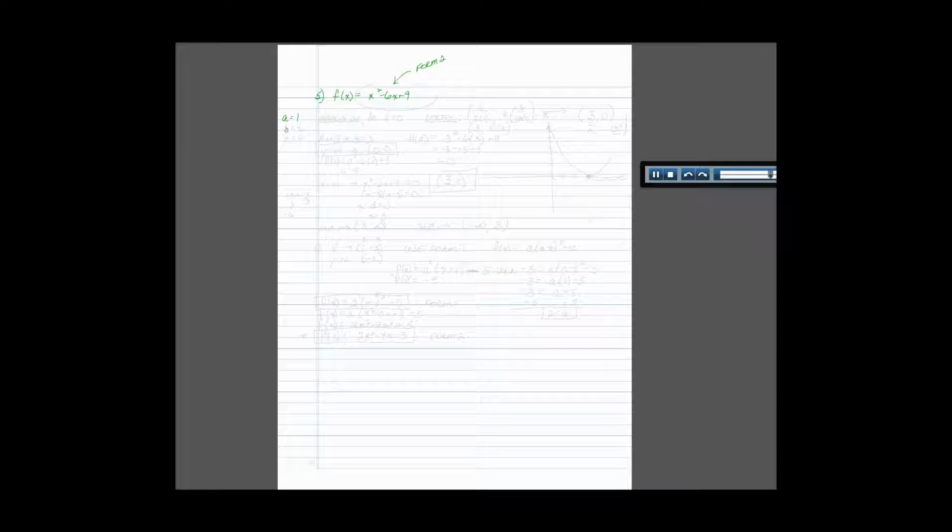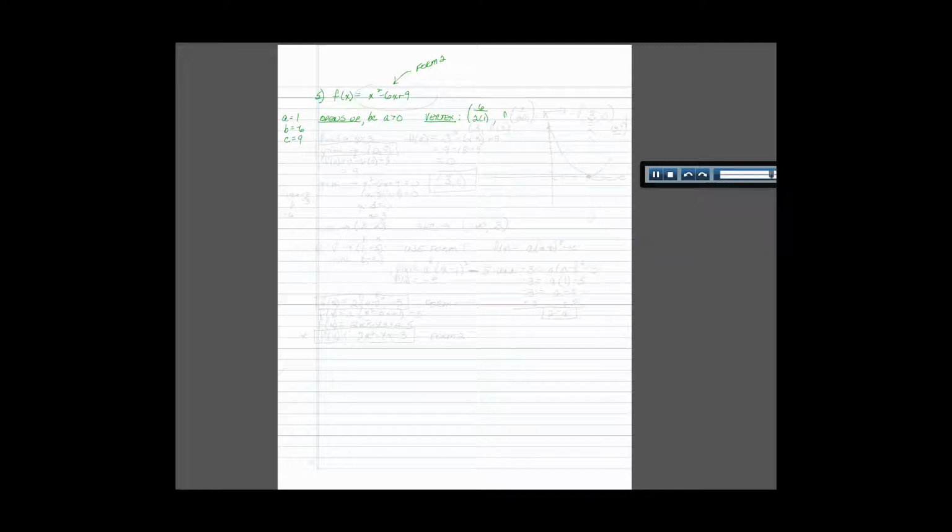A is 1, B is negative 6, C is 9. How does it open? It opens up because A is greater than 0. All right, so it opens up. Let's now find our vertex. The vertex is the point negative B, so the opposite of B, over 2A.